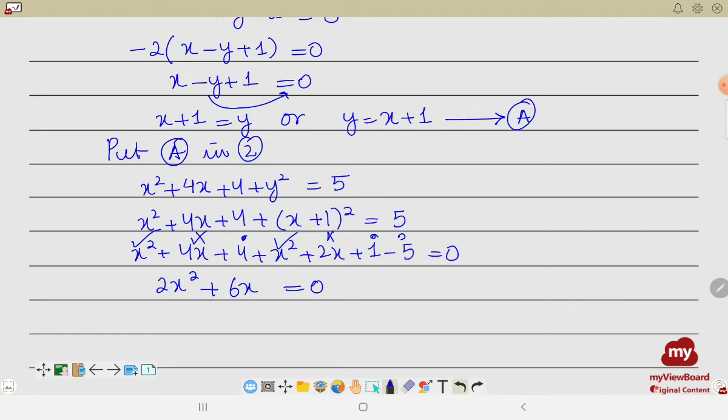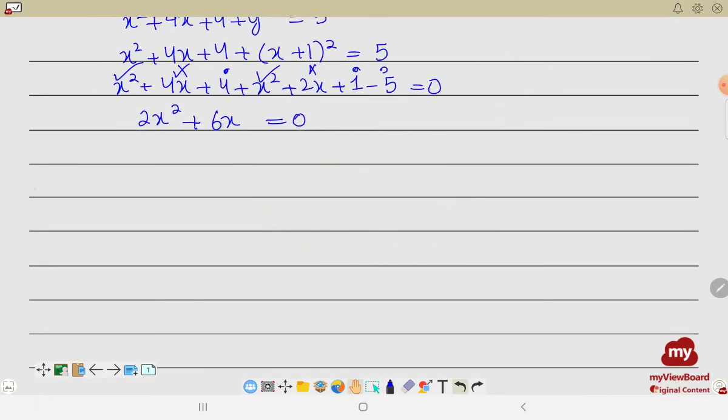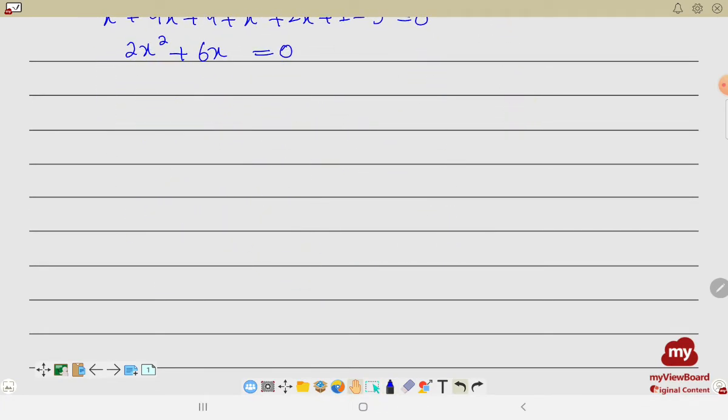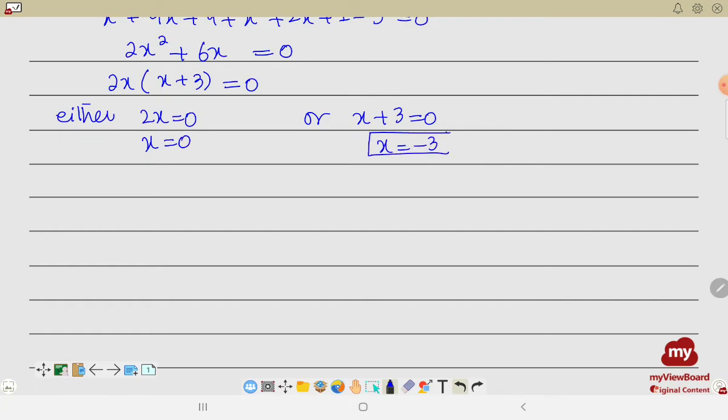After that, we'll take 2x as common factor. We are left with x plus 3 equals 0. So either 2x is equal to 0 or x plus 3 equals 0. Here x is equal to 0 and x is equal to minus 3. So you see we have found the values of x.